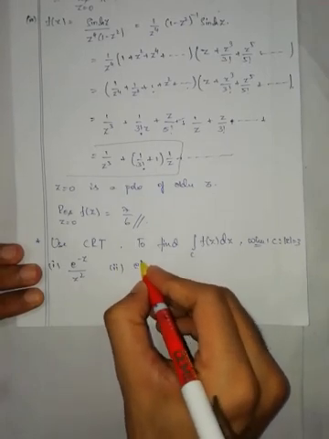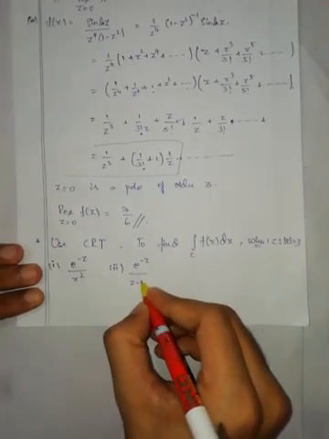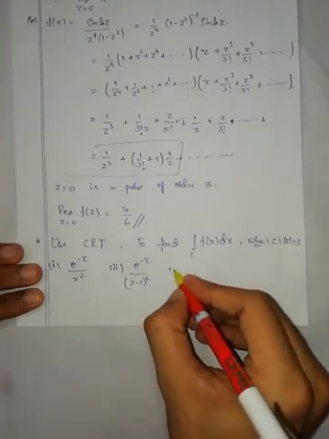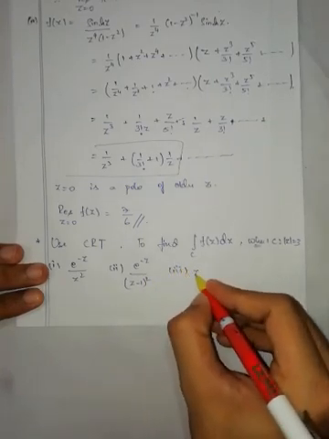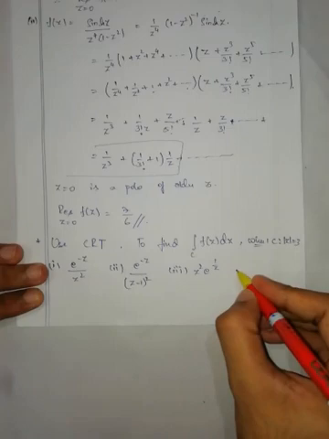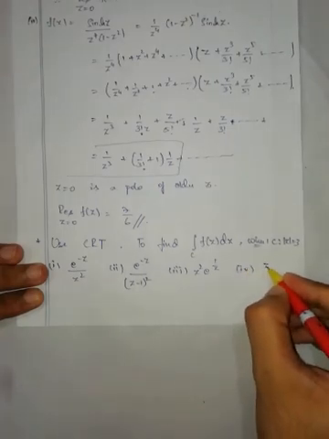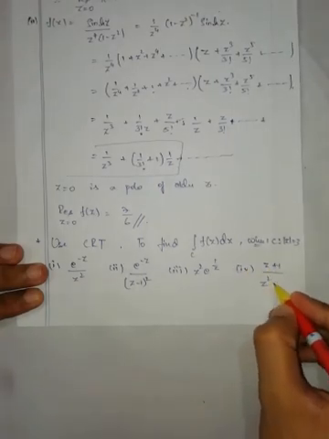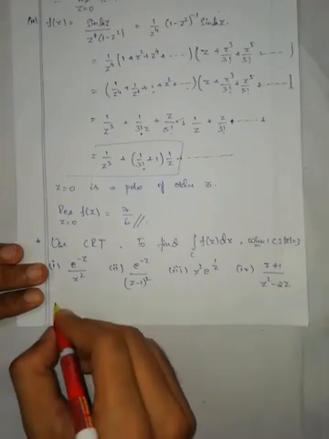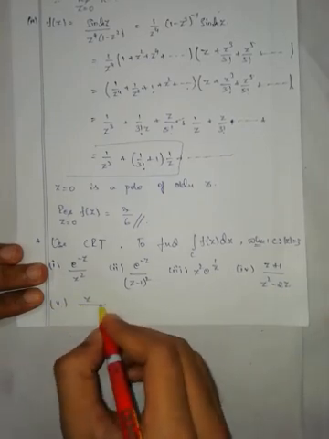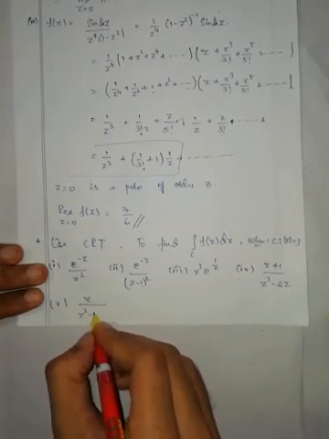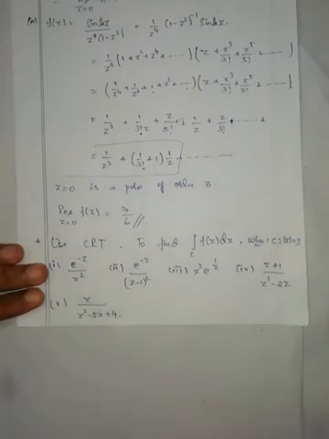Second one, e to the power of minus z by z minus 1 whole square. Third one, z square e to the power of 1 by z. Fourth one, z plus 1 by z square minus 2z. Fifth one, z by z square minus 5z plus 4.